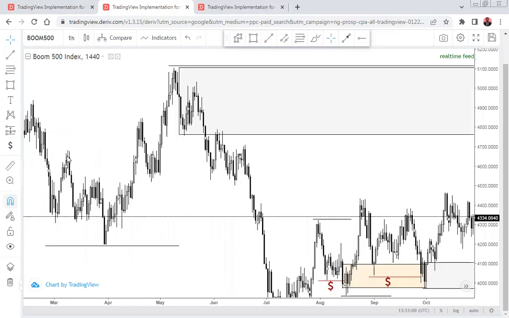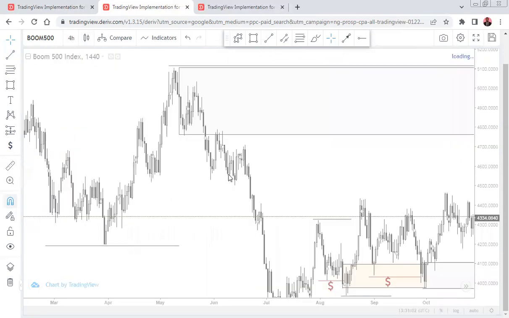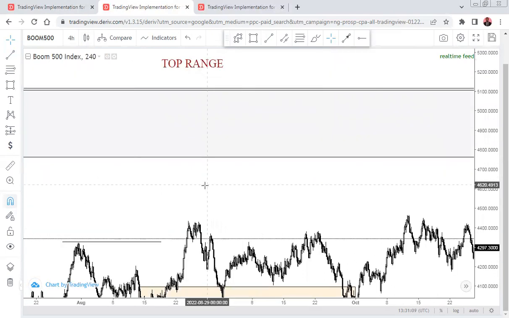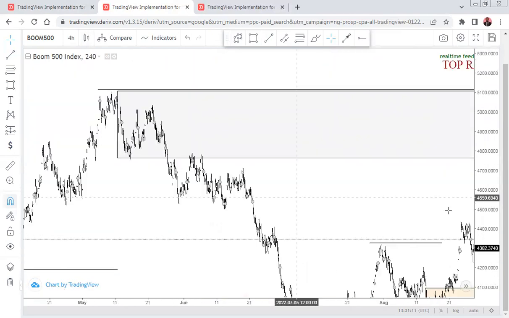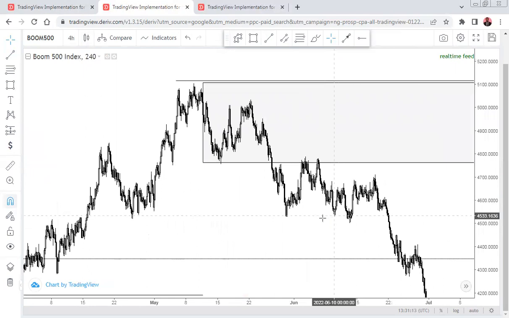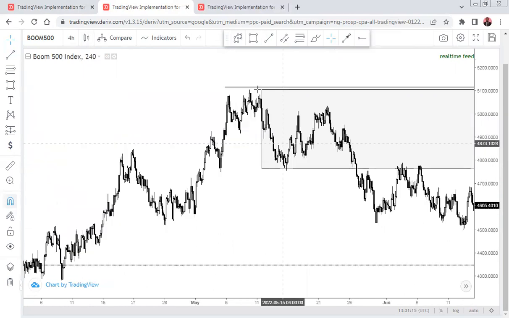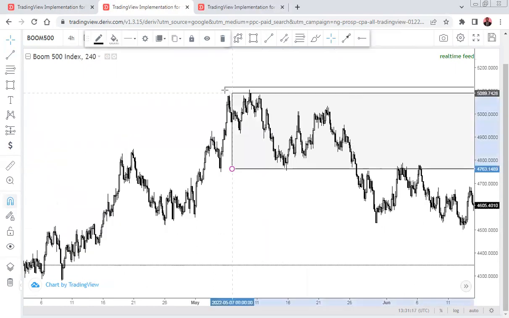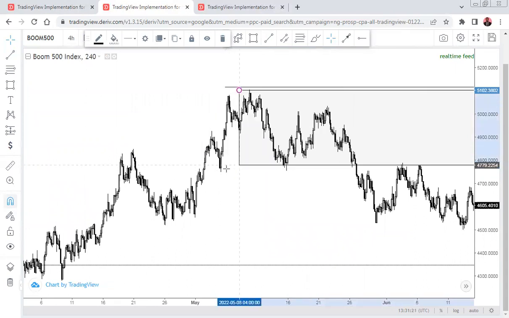Let me go to 4 hours. Let me see if I can get it clearer. This is a daily time frame. Let's check the 4 hours. Let's see if we can get that candle. Okay. We're back testing, we're going back in history. Okay, this was the move, all of this move, all of this area.